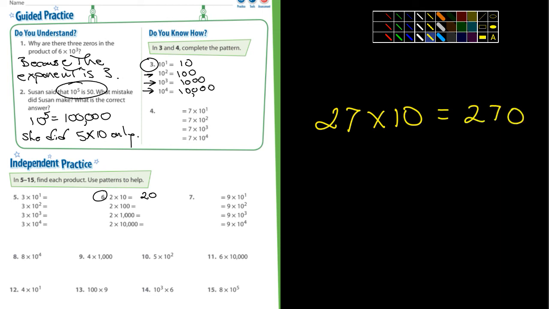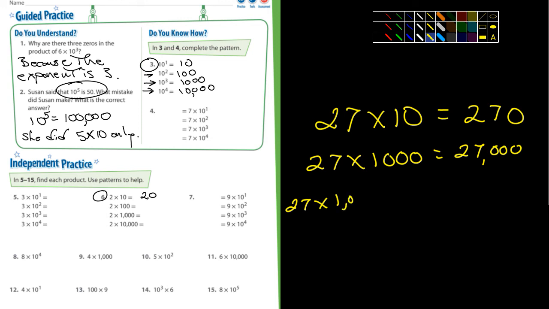Now, if I took 27 and multiplied it by 1,000, I just add 3 zeros. If I took 27 and multiplied it by 1,000,000, then I'm just going to add 6 zeros.